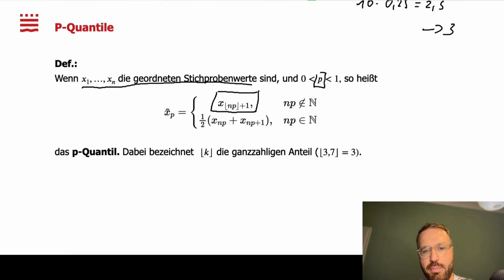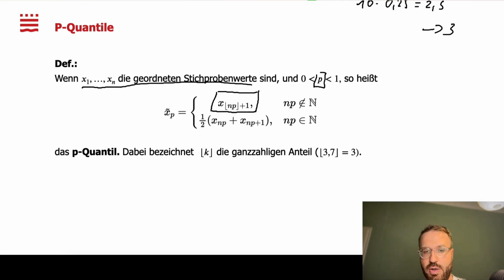Well, it's a bit more complicated, but it's relatively similar to how we calculated the median. What do we do? We arrange the sample in order, then check if n times p results in a whole number. If it does not, we take n times p and simply round the number up, thus obtaining the correct index.